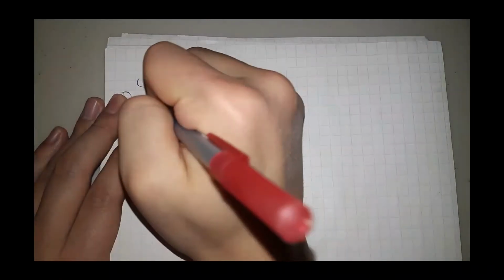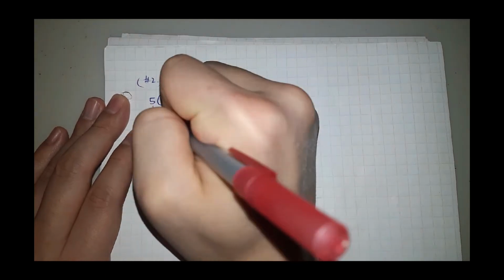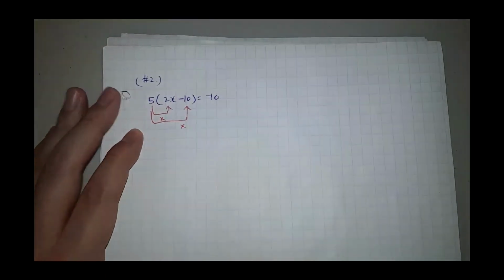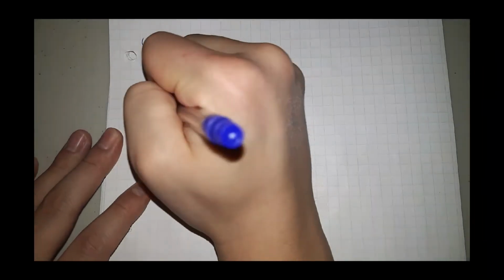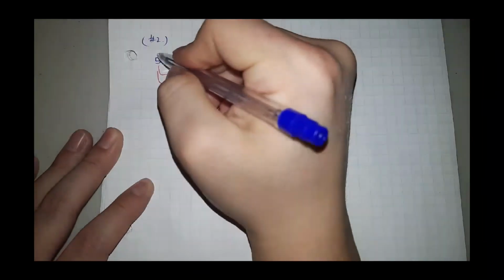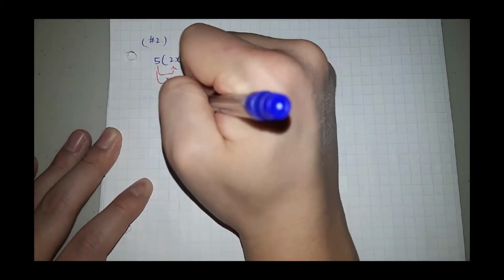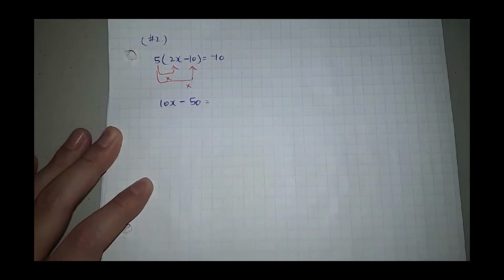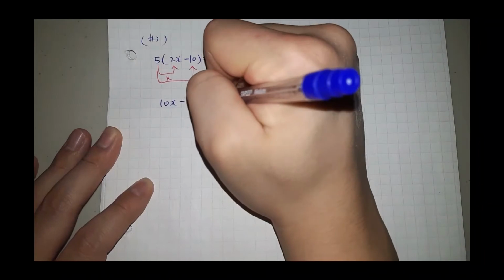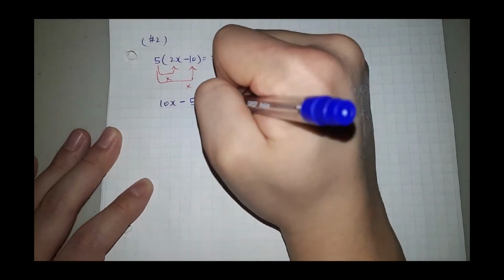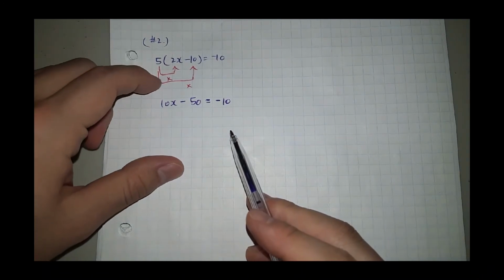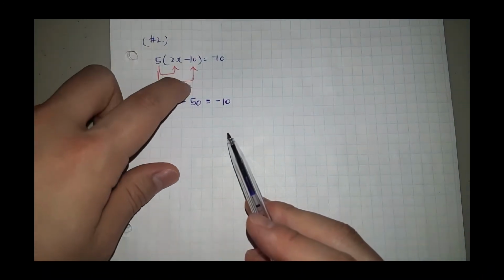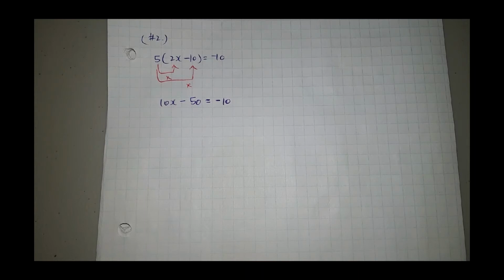First step, distribute by multiplying. 5 times 2, that's 10x, minus 5 times 10, that's 50. This is a bit of an omitting step. I mean, you didn't technically omit any step, but do you remember I wrote 5 times 2x on the left side, 5 times negative 10? You can just use your mental math in that situation.